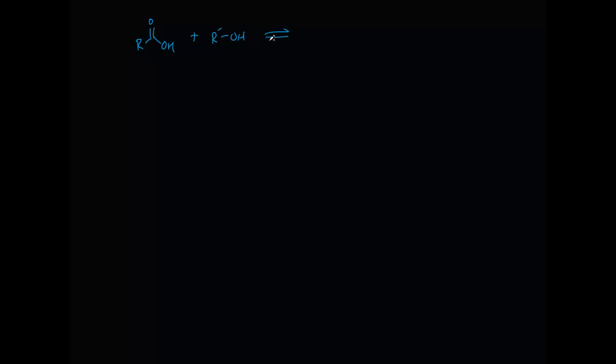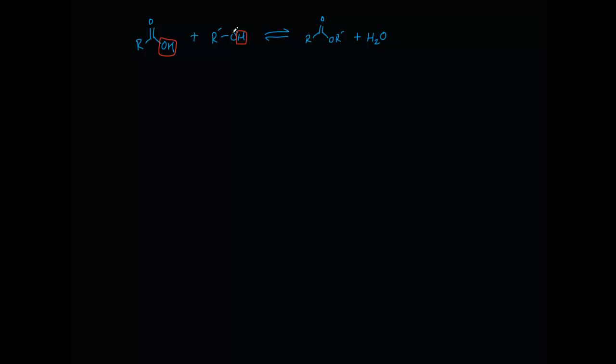It's going to be an equilibrium reaction so that you create your ester plus water. And what makes up the water is this OH from the carboxylic acid and this H from the alcohol.